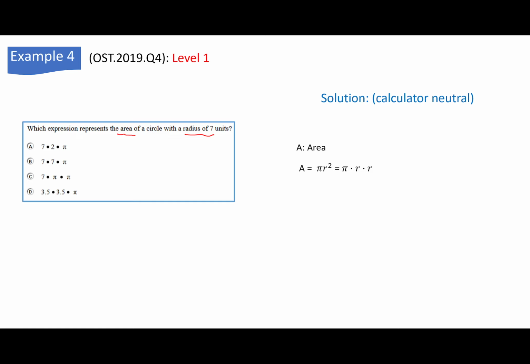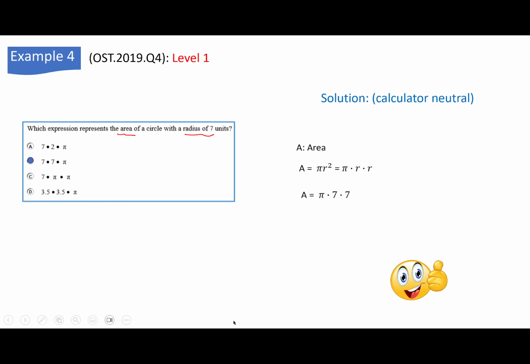Area is pi r squared. You know r squared means r times r. That's pi times r times r, and the radius is 7. So pi times 7 times 7. Look and find it right here. 7 times 7 times pi is the same as pi times 7 times 7. And that's your answer.